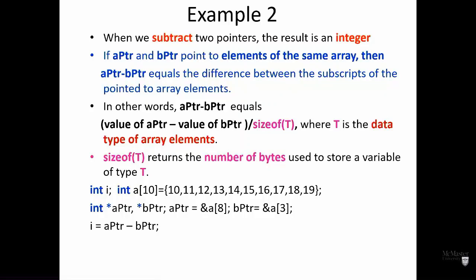So this is explaining what happens behind the scenes to get the difference of 5, right? We calculated this 5 ourselves by saying, okay, this is at location 8, this is at location 3, I calculate the difference, right? But this is an integer array. Another case would be a double array or a character array, right? So the difference in number of entries will be the same, but the actual number of bytes, the address itself, will be different.